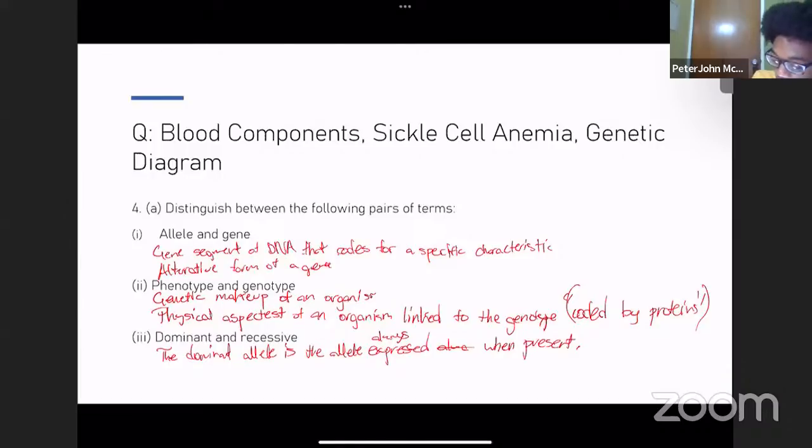So what does that mean? You have two big P's, it's always expressed. You have a big P, a little p, it's always expressed. You have no P's, it can't be expressed, it's not there. So all I say is that it's expressed when present. I don't know how else to define it. What would you define a recessive allele as?